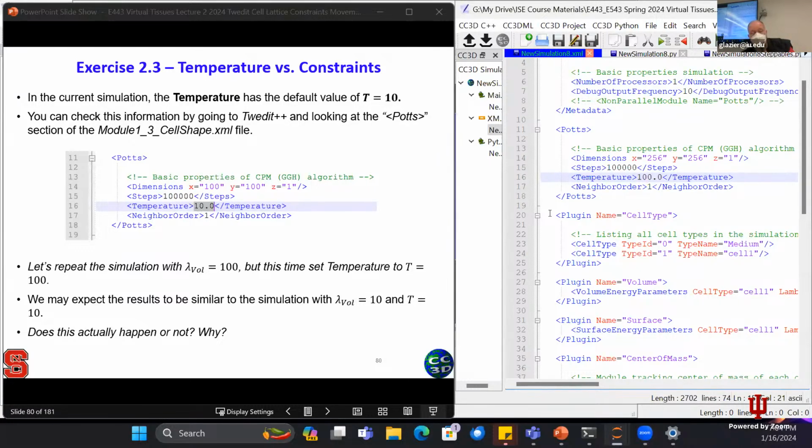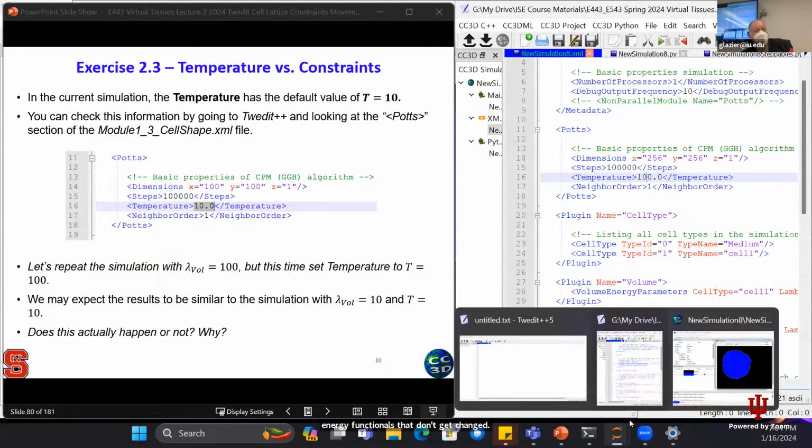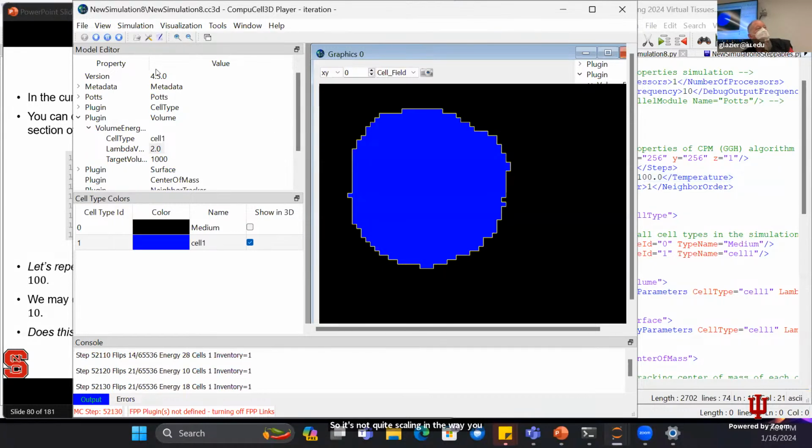Now you could say, well, if I multiply the lambda volume by 10 and the temperature by 10, then the ratio has stayed the same. And that's true for lambda volume, but there are other energy functionals that don't get changed. So it's not quite scaling in the way you might expect. Let's try that.